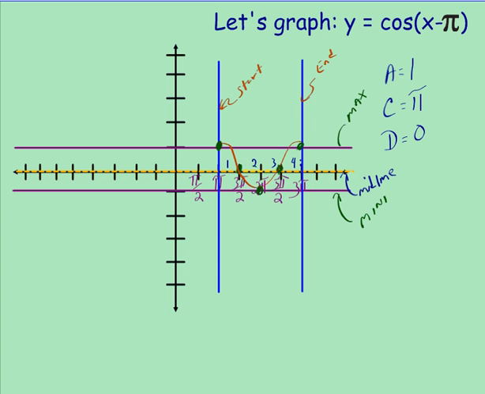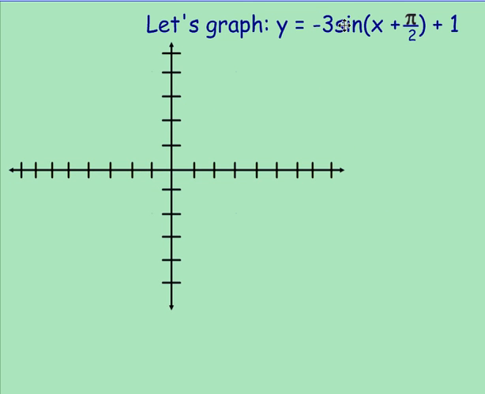So now that we've looked at one with just a phase change, let's actually look at one with everything on it. So our A value, what would our A value be in this case? A is -3.